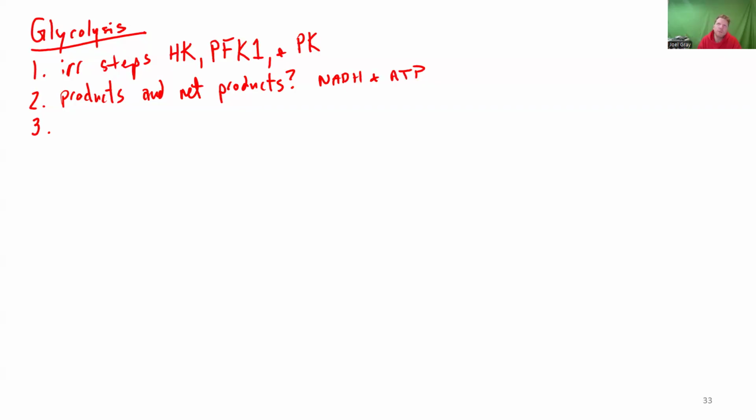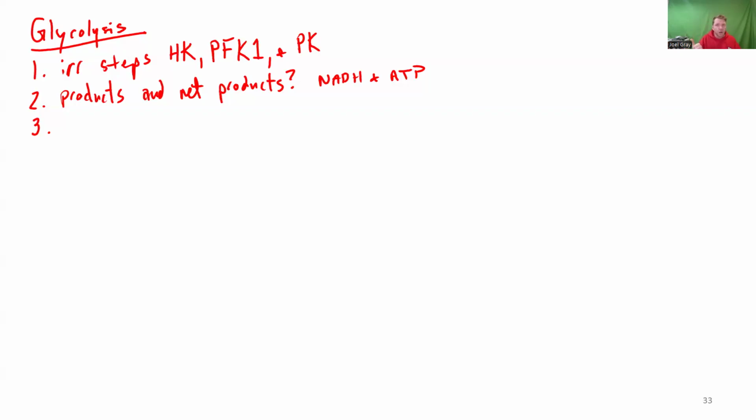Then the third thing would be something like, well, to me, basically the first four steps of glycolysis are the interesting ones, where you phosphorylate the sugar, you rearrange the carbon atoms, you phosphorylate the molecule again, and then you split it. After that, it's kind of just like general housekeeping.